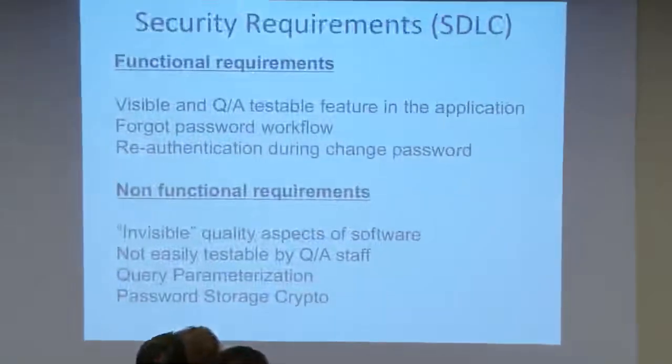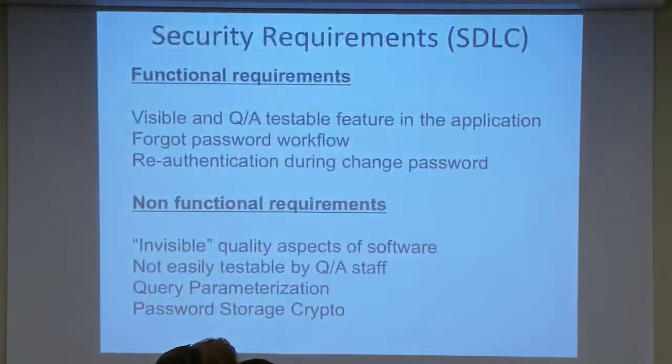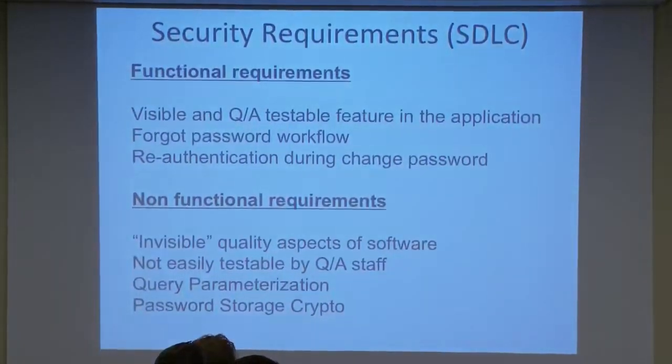So what do I mean by secure requirements? There's two basic kinds of security requirements, functional and non-functional. When I talk about a functional requirement, this is something that can be testable by a QA professional. It's a visible feature in your application. It's a standard workflow.